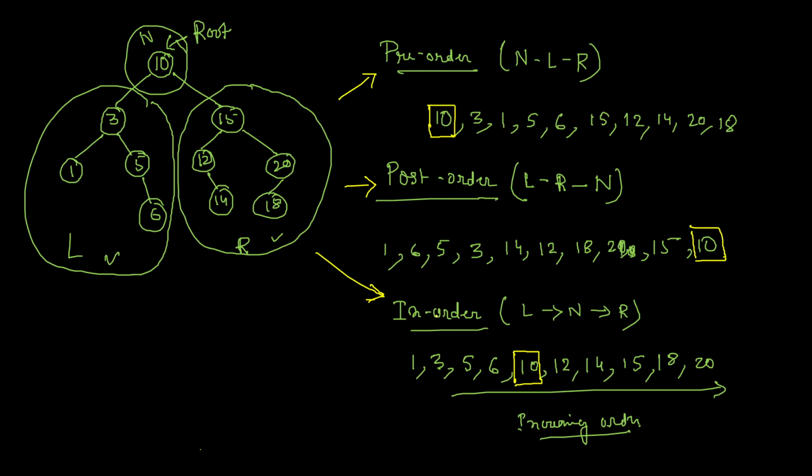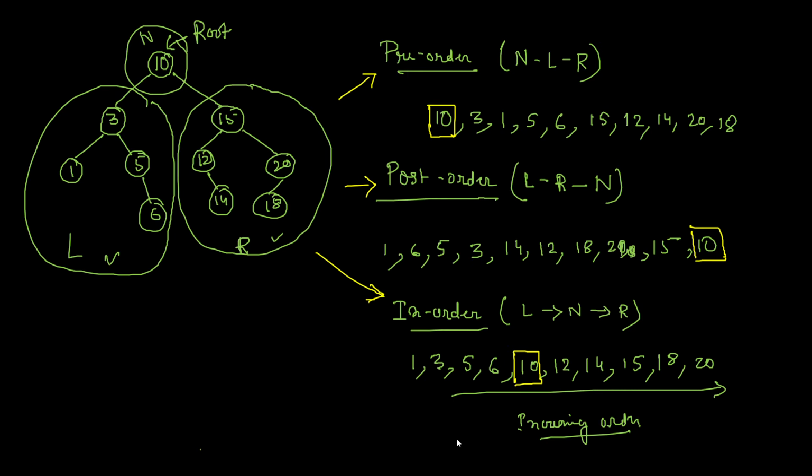That means left subtree and right subtree. Now obviously the left subtree also has a root. If you consider only the left subtree or only the right subtree, that also has a root, and on the basis of that root we have a left subtree and right subtree of that subtree. In this way we can reach up to the leaf node, that's for sure.